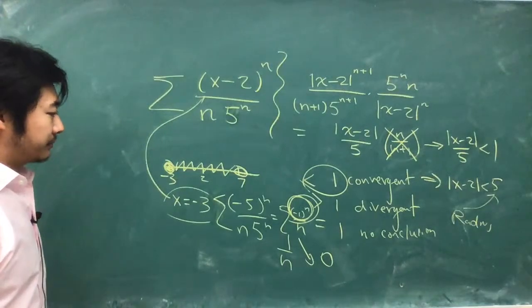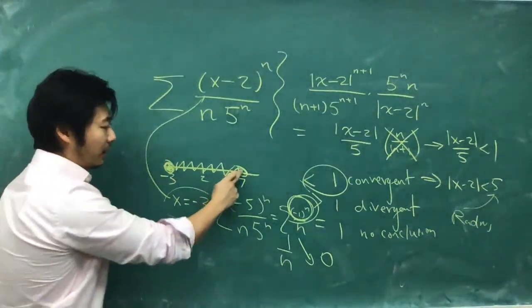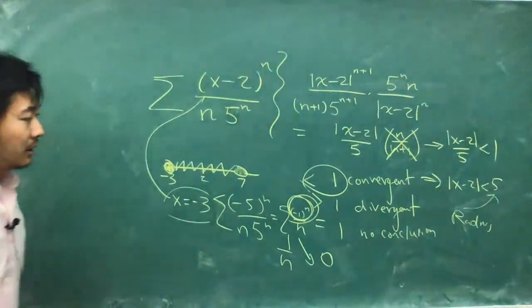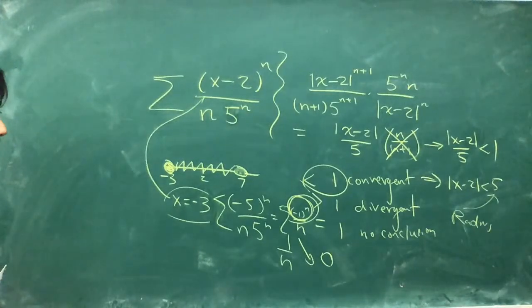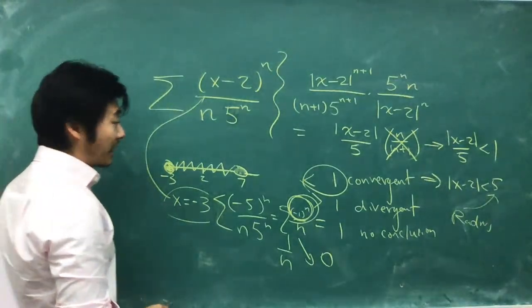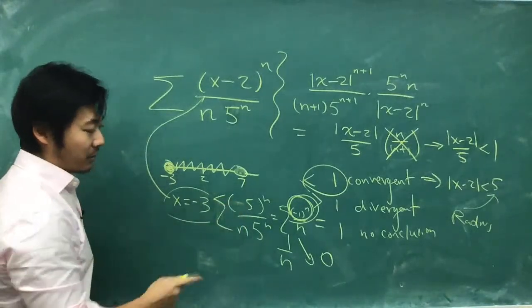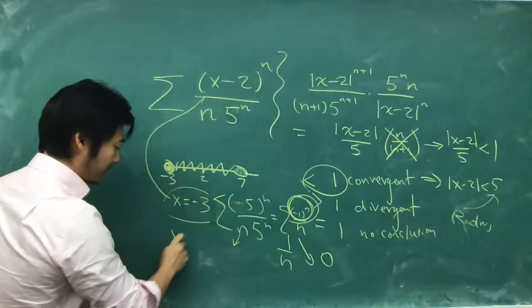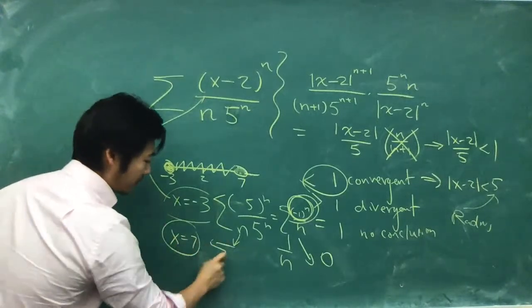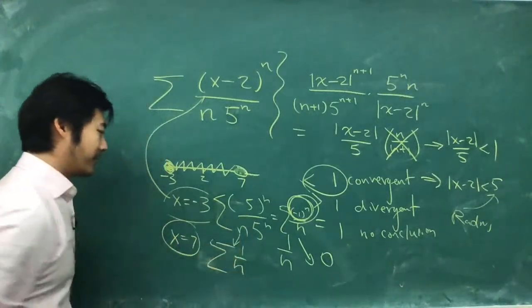And over here, if you plug in x equals 7, then you get 1 over n. Then the sum becomes 1 over n.